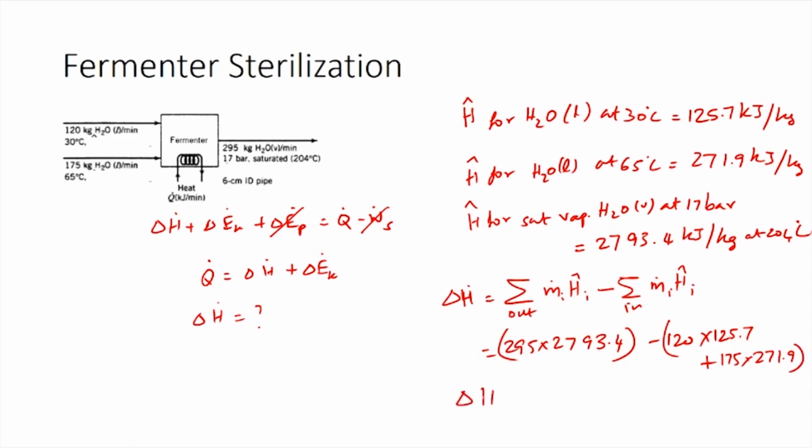This value would be delta H dot equals 7.61 times 10 power 5 kilojoules per minute. This gives you the change in enthalpy for the process.